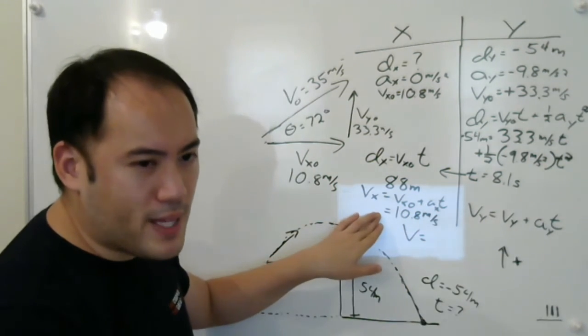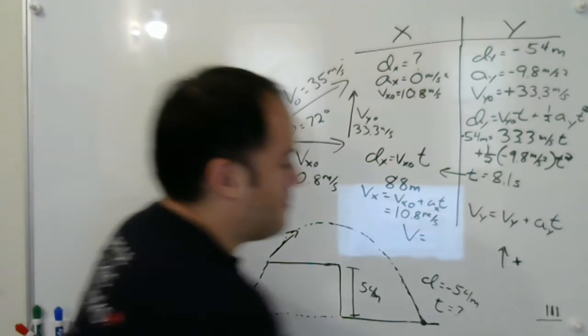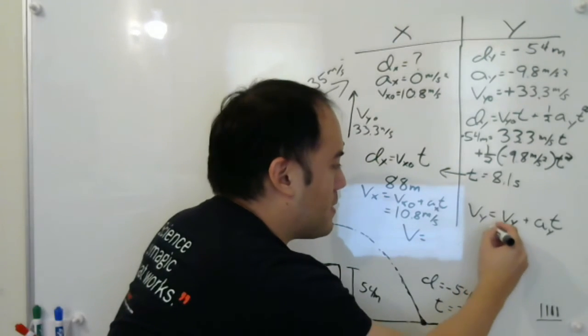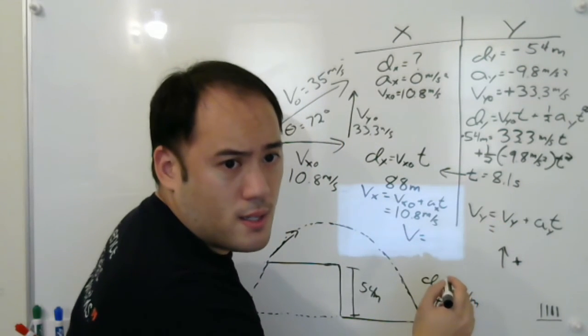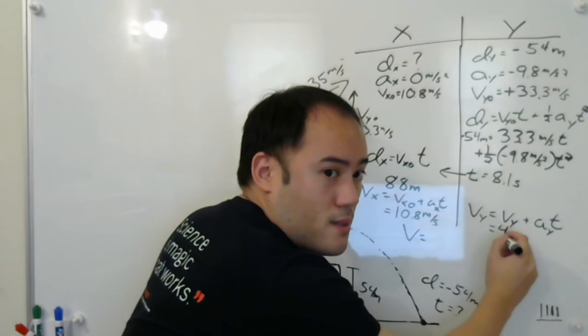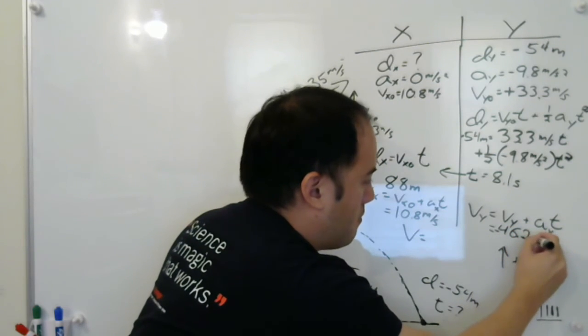How do we know it has to be that? Tell me. vy comes out to be negative 46.2 meters per second.